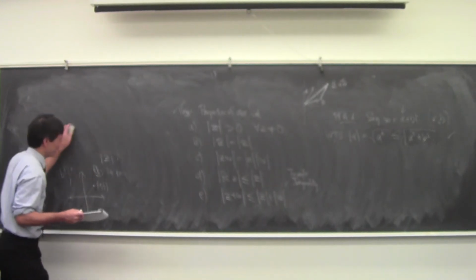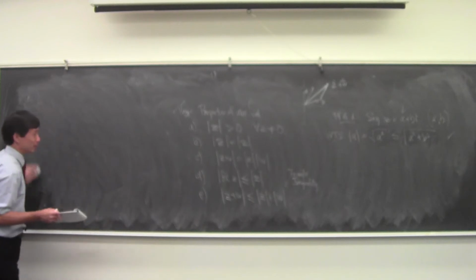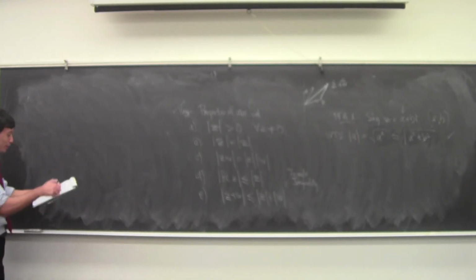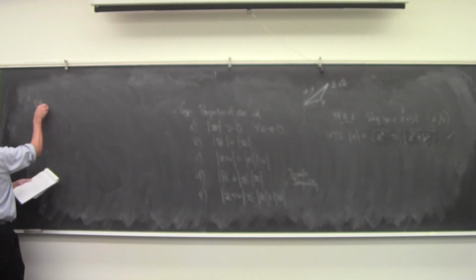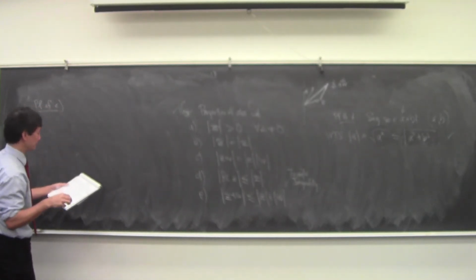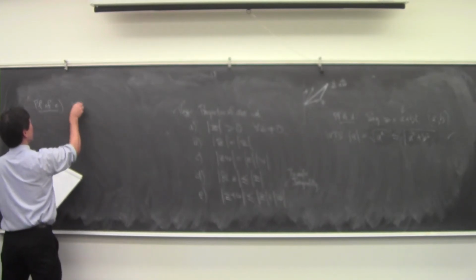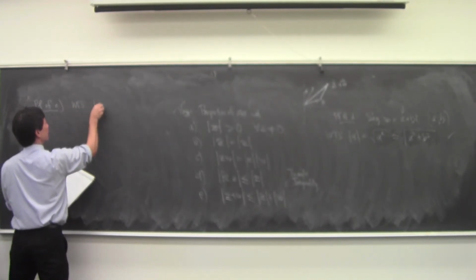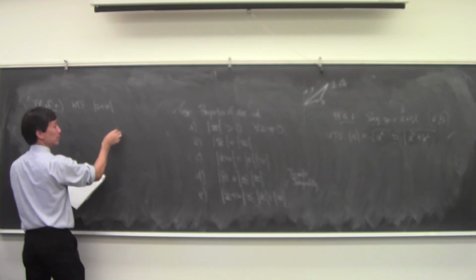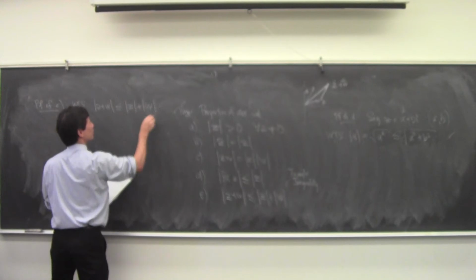Now for the despised triangle inequality. So, proof of the triangle inequality. You say, okay, we want to show that this positive real number is less than or equal to this positive real number.